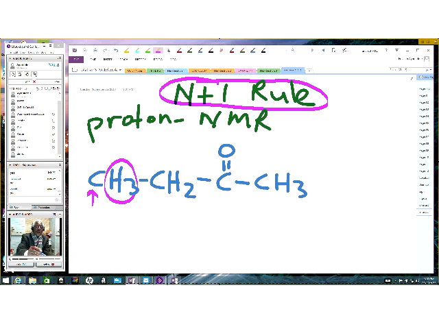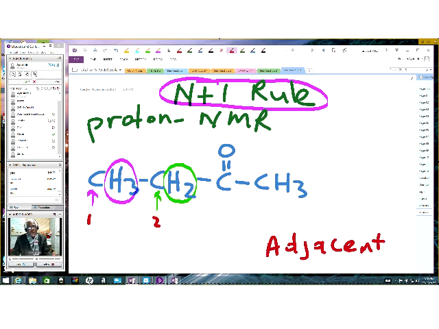On the other hand, these 2 hydrogens are attached to this carbon. Let us call this carbon 1 and this carbon 2. Carbon 1 and 2 are joined to each other, adjacent carbon atoms, in other words, next to each other.